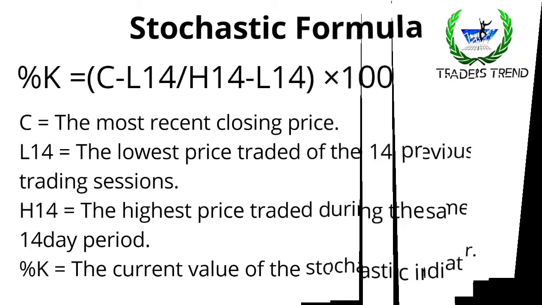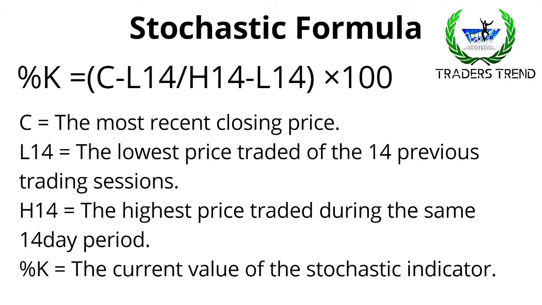And the next one is the stochastic formula. Here the percentage K equals C minus the low of 14 days, divided by the high of 14 days minus the low of 14 days, into 100.